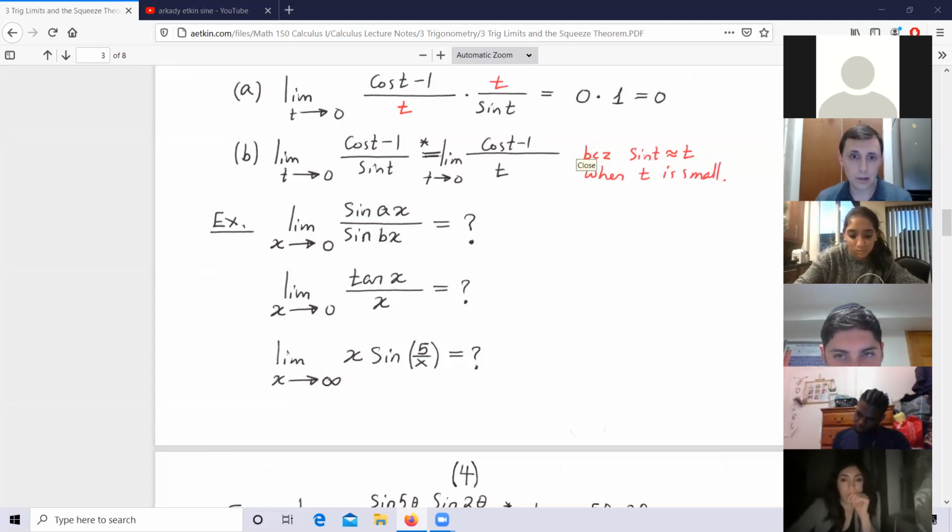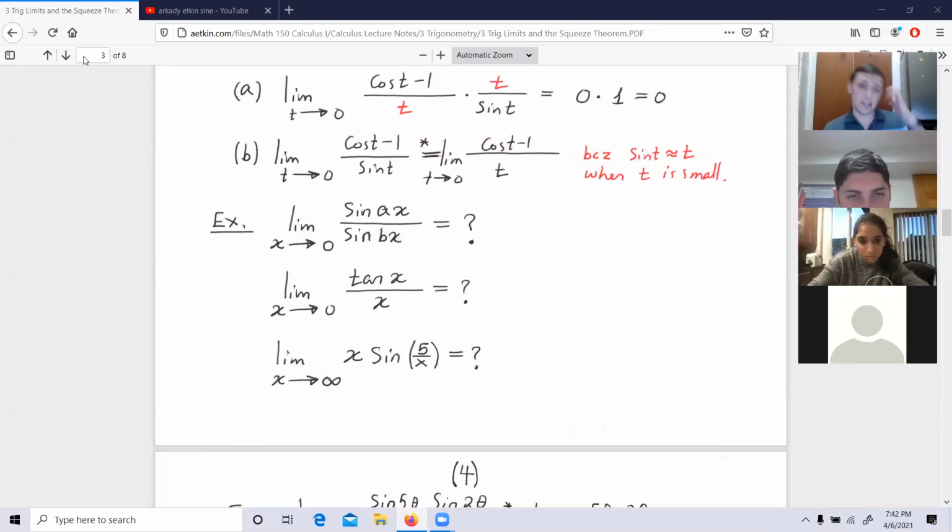Okay, good. Why is that the situation, guys? You can do it very simply. You don't even have to rewrite anything. You can do it in several ways. One way is to notice that 5 over x is a small number, essentially 0.